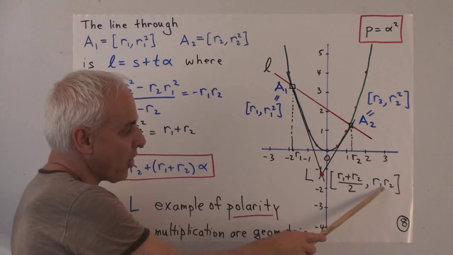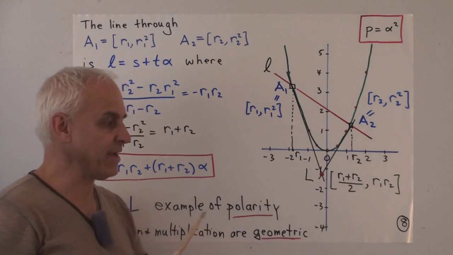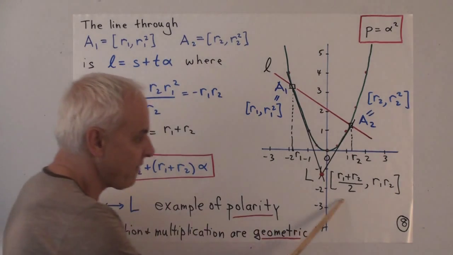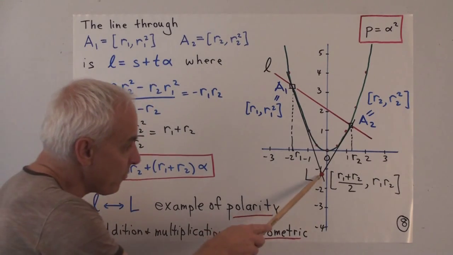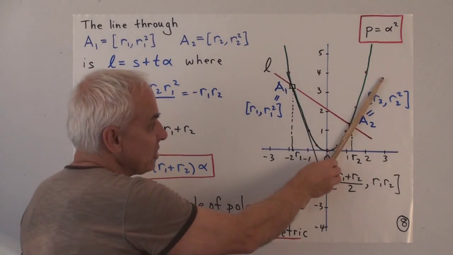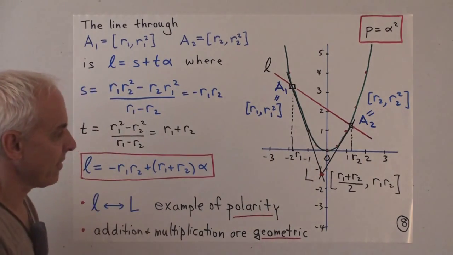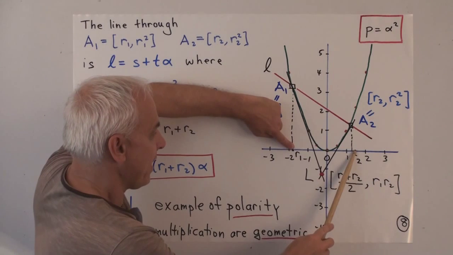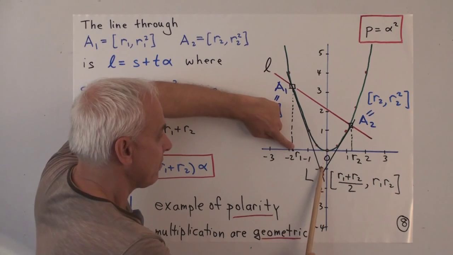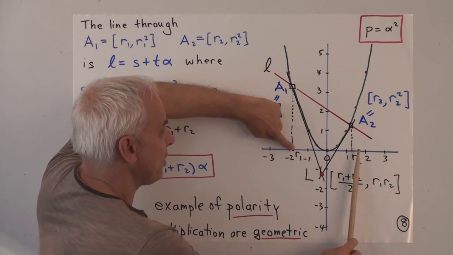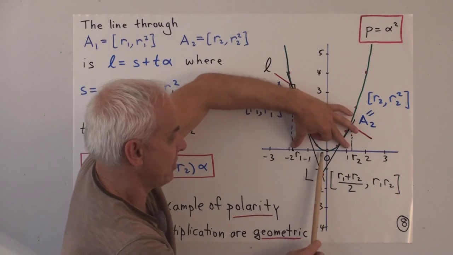So we're only getting r1, r2 instead of those 3 things added up. So this is the formula for the point where the two tangents to the curve at a1 and a2 meet. And I remark once again that the x-coordinate here is exactly halfway between r1 and r2 because it's the average.